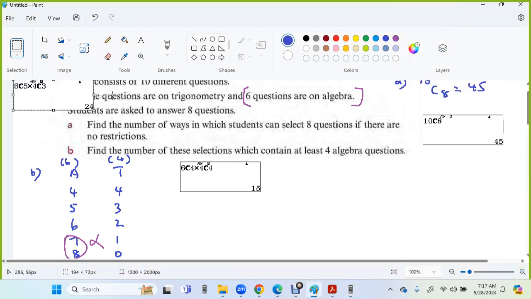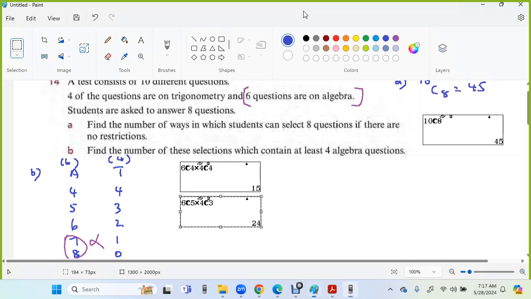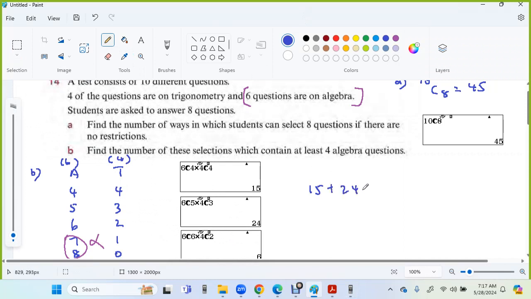This is 24. And we have the 6 choose 6 and 4 choose 2. Then it is 6. So we add up these 3 cases. Then we have the 15 plus 24 plus 6. Then it is 45. Yes, correct.